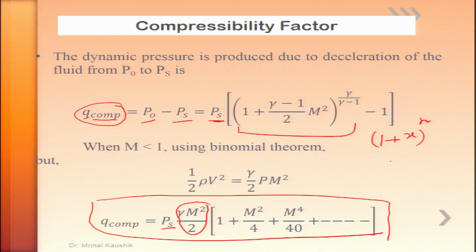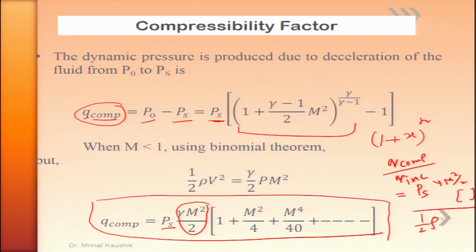Now, if I divide the compressible flow dynamic pressure by the incompressible flow dynamic pressure, then this Ps gamma M square by 2 times this bracket term, divided by half rho V square, I must investigate.